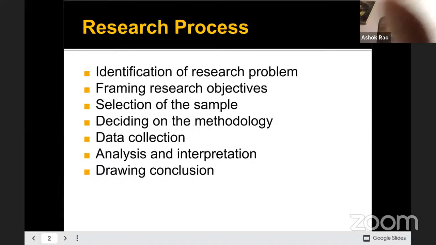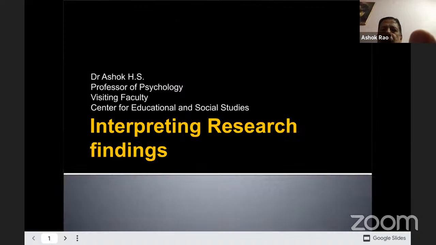Post hoc analysis refers to analysis that would not have been framed in your research objective, but when you start analyzing the data, you may find that a particular variable, say for example socioeconomic status, may have a different meaning, and then you start analyzing, and that plays an important role in the interpretation of your research finding, or it gives a different meaning to your research.